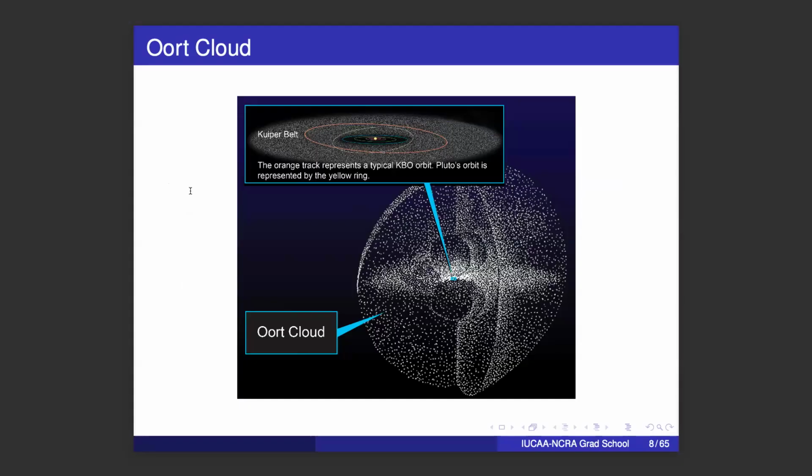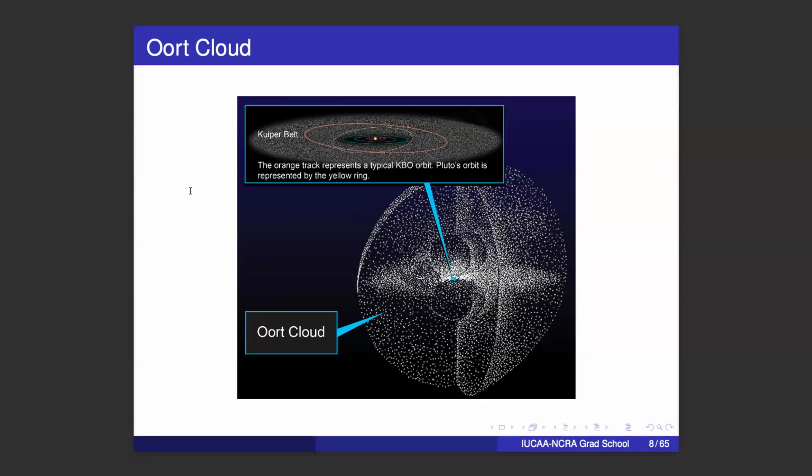Pluto is this yellow ring. So this is the sun. This ring is Pluto, and this one is a typical KBO orbit. And that whole thing fits in over here, and this whole thing is the Oort cloud. Gigantic.